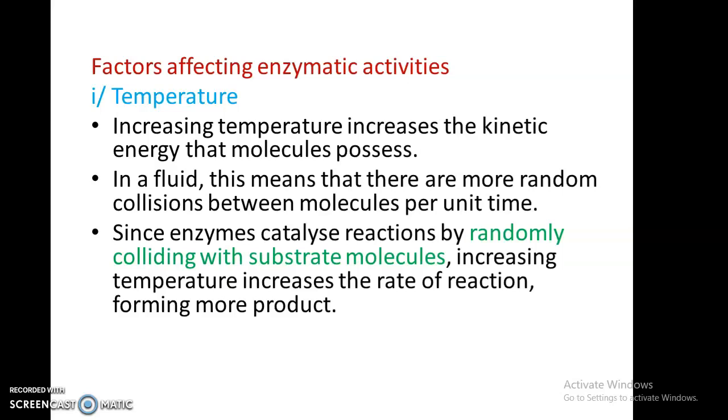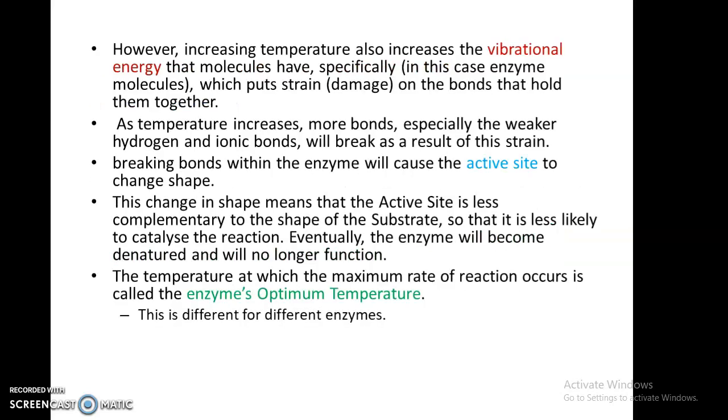Since enzymes catalyze reactions by randomly colliding with substrate molecules, increasing temperature increases the rate of reaction, forming more product. When temperature increases, the collision increases, then there will be more reaction between the molecules and the enzymes. Therefore, there will be more product.